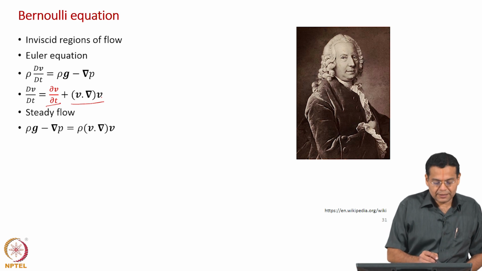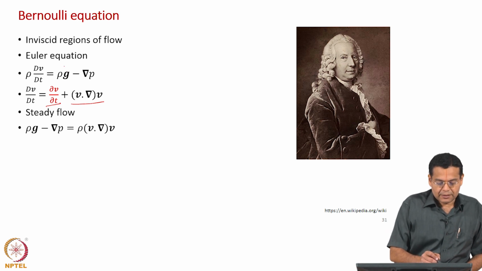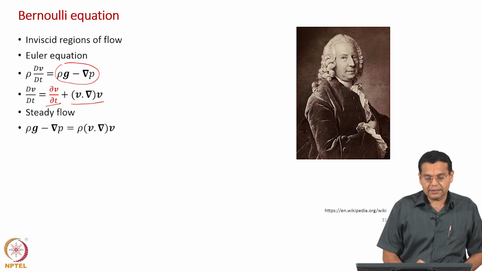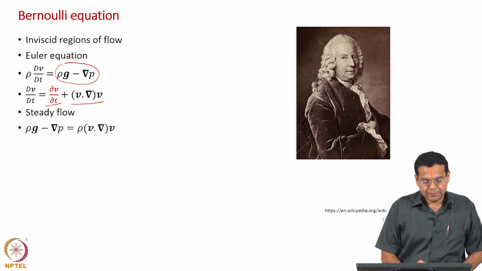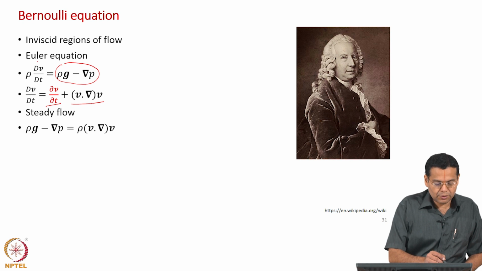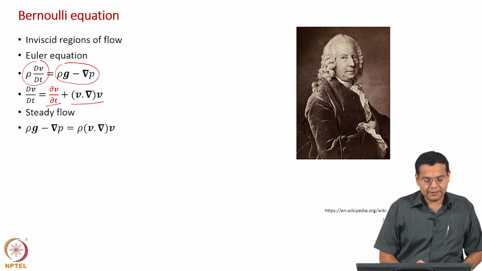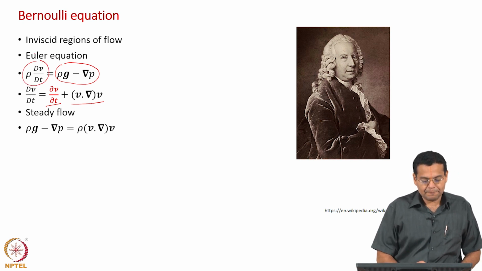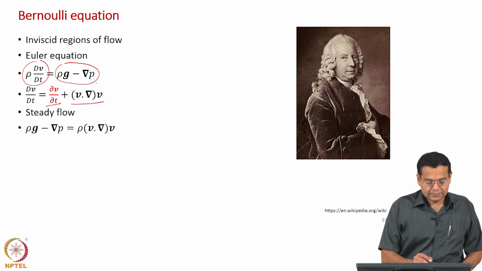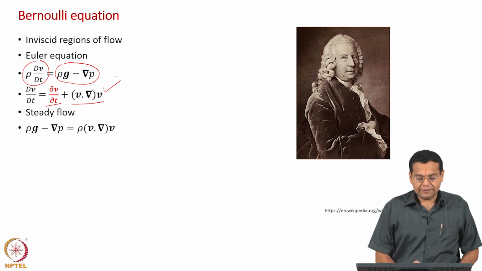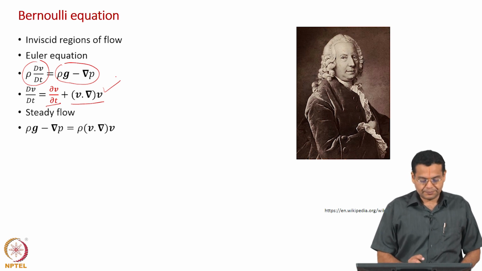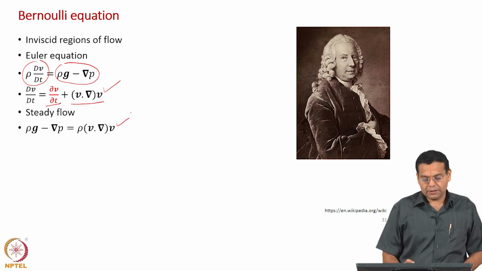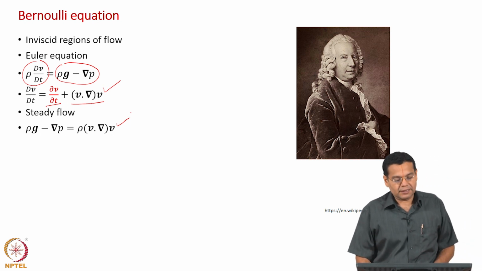So, what I have done here is written this rho g vector minus gradient of p on the left hand side, and right hand side we have rho dv vector by dt, and in that for dv by dt I substituted the convective acceleration term alone, rho into the convective acceleration.